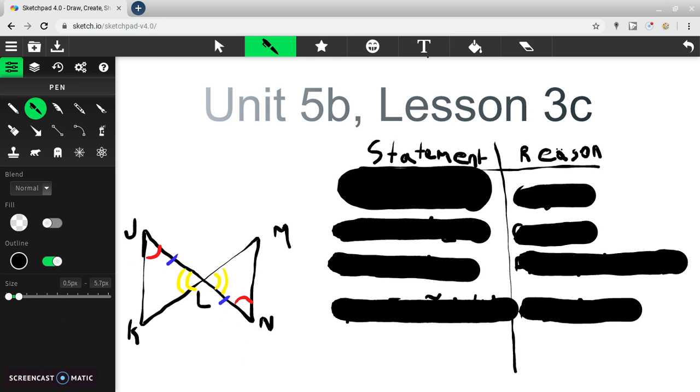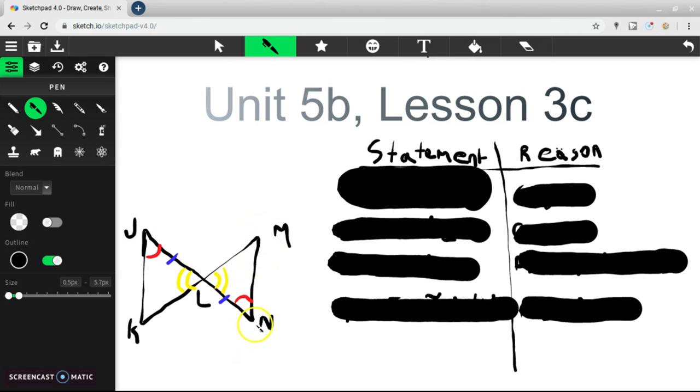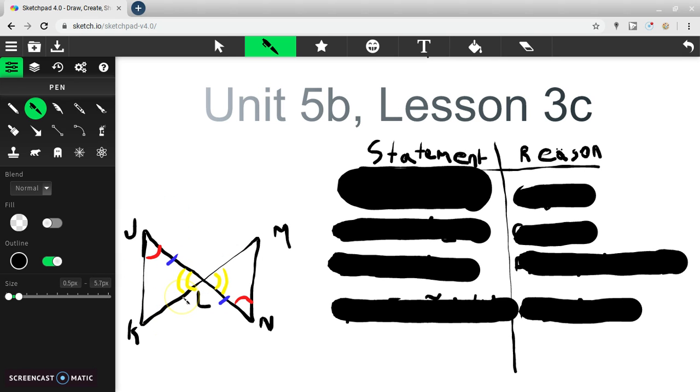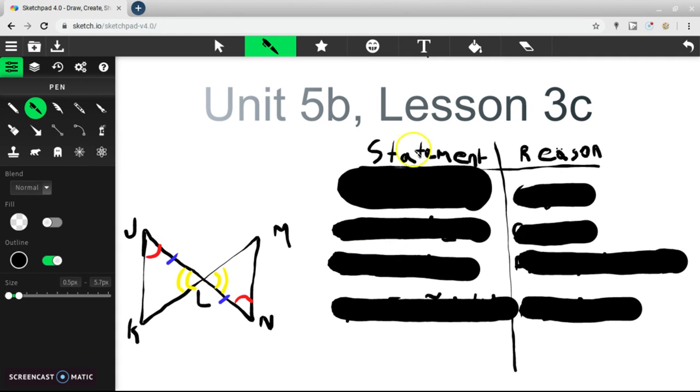That's the only thing that's given, and you need to prove that triangle JKL and NLM are congruent. So remember, when we're doing these, you just need to prove each statement, really each thing that you see on the visual, you just need to basically say it out. So what's in red, blue, and yellow, that's what you need to put in here. And in this case, what's in red and blue are already given, but you just need to talk about what the yellow is.